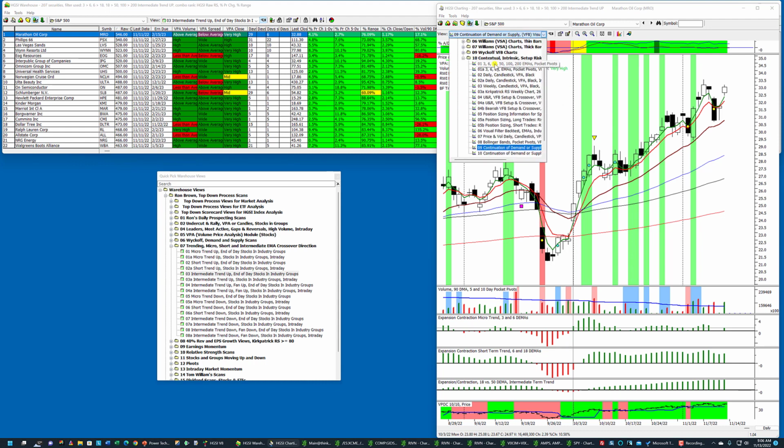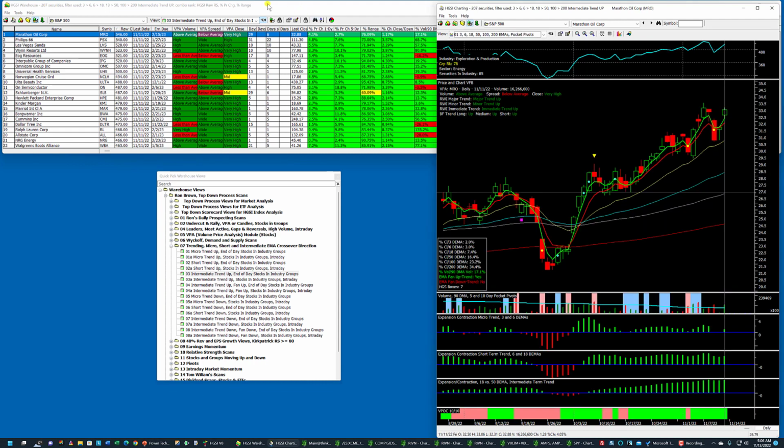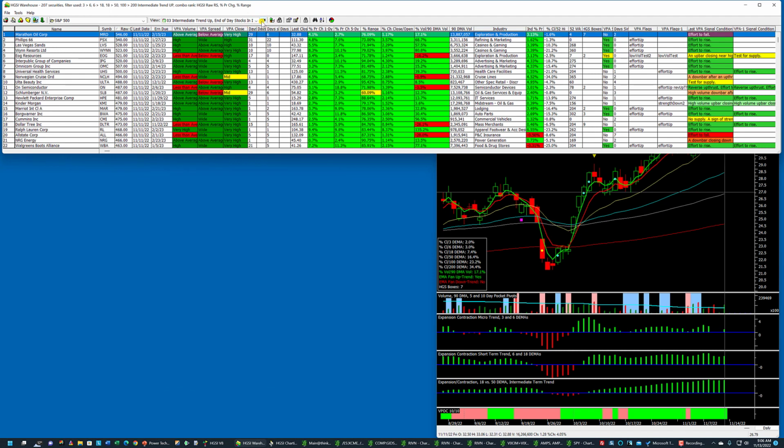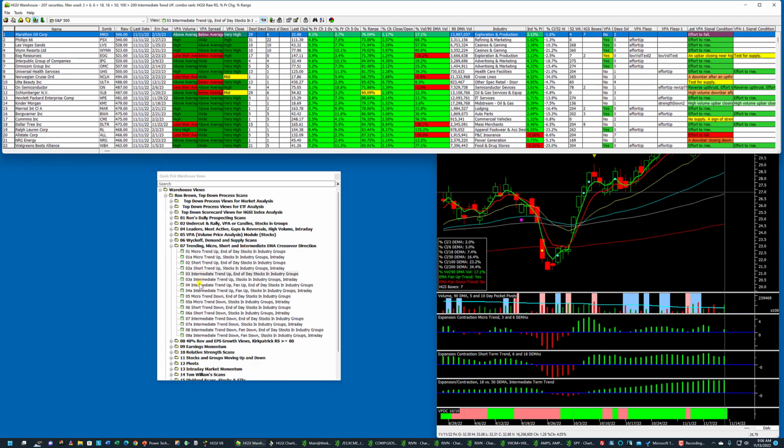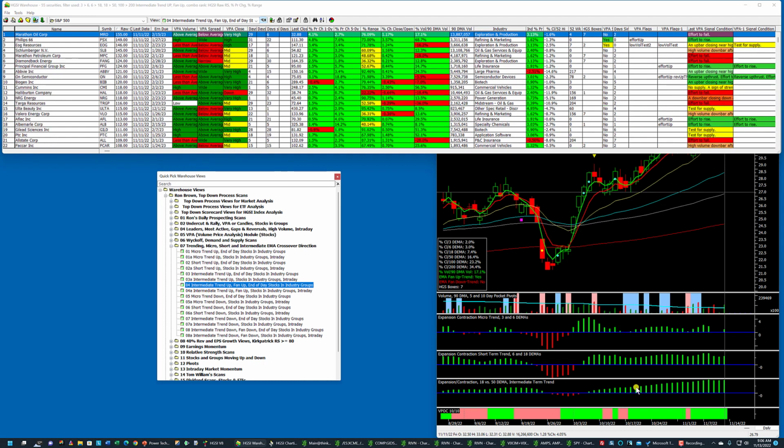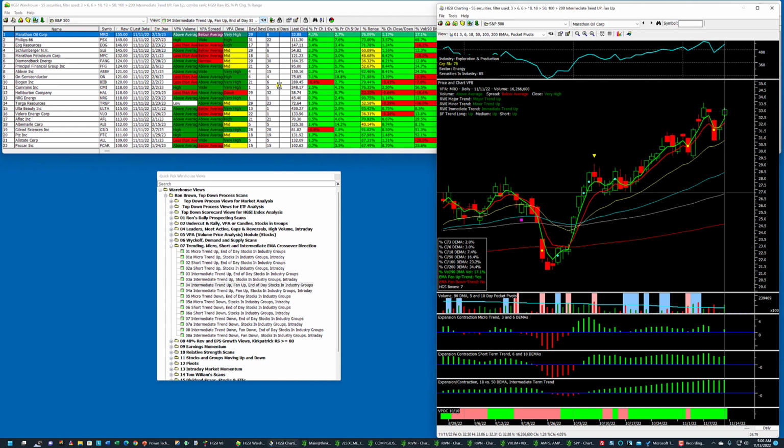I'm going to go back to the original chart, and I have one more here, and this one, number 4, requires that all 3 of these be positive, but the fan has to be in place also. So let's look at the first one. This is Marathon Oil. Notice the fan is in place.